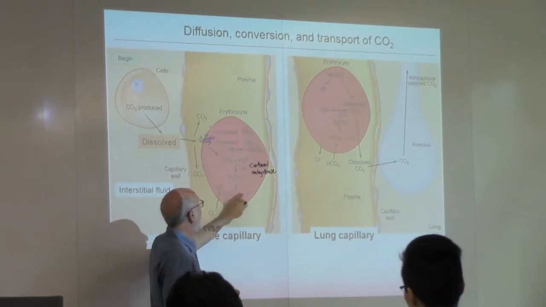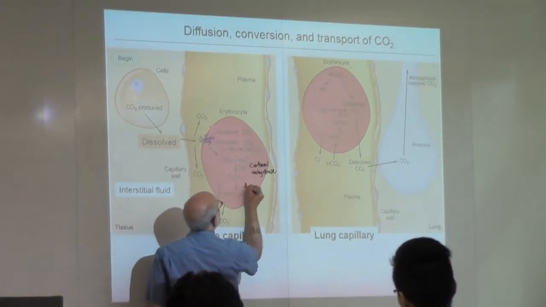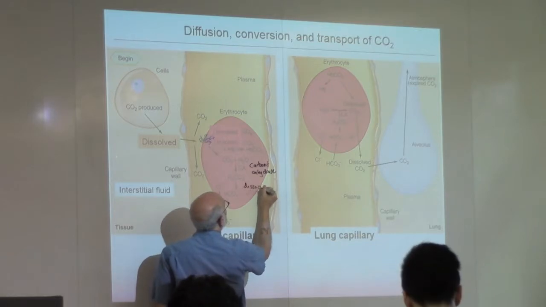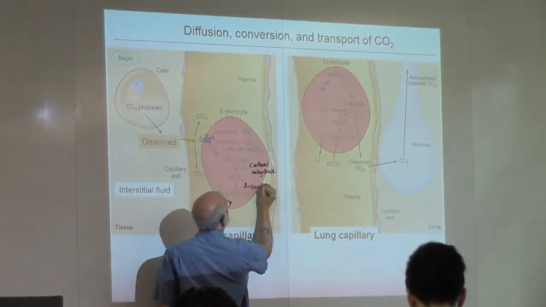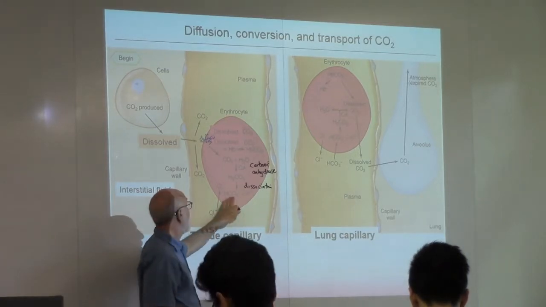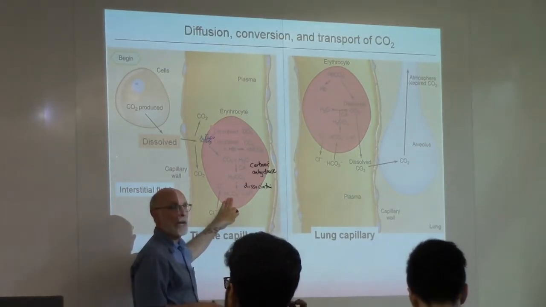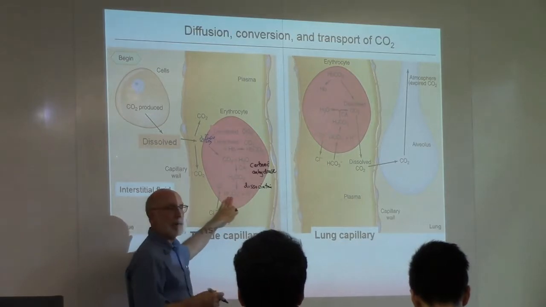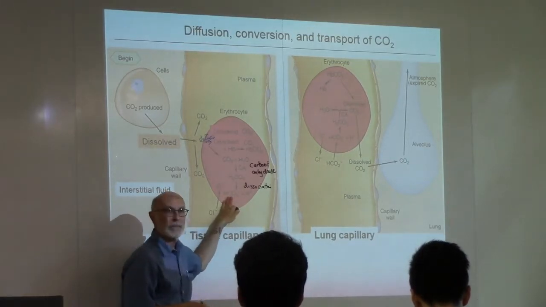Carbonic acid dissociates, so this is just dissociation of an acid into protons and bicarbonate. Bicarbonate, so the strong acid, the weak base, bicarbonate base.